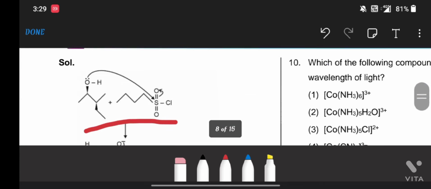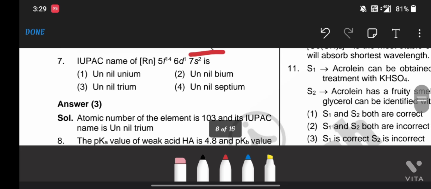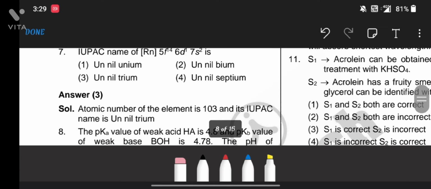Moving on to the next question, that is question number 7. Here they asked the IUPAC name of the element with configuration 5f14 6d1 7s2. The options are unnilpentium, unnilunium, unniltrium, unnilseptium.